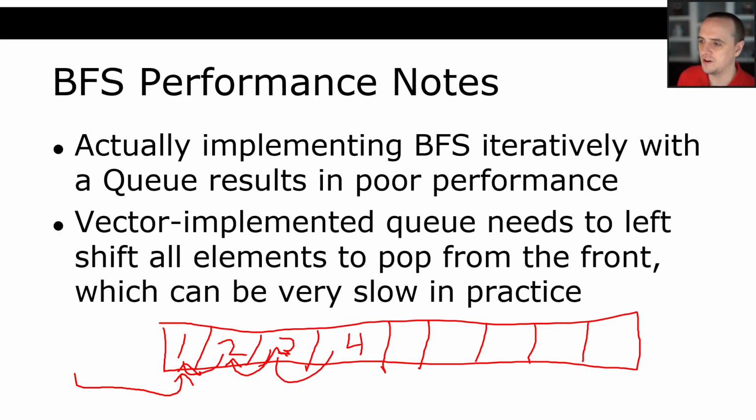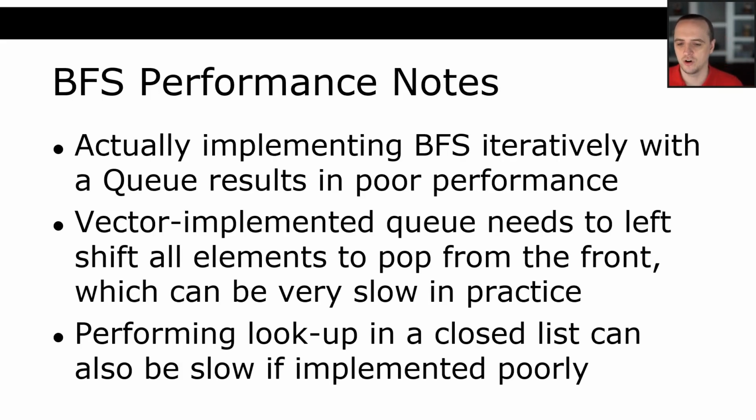So that very simple operation of popping from a queue is actually a linear time operation in practice. Now, you may say, I don't need to use a vector for that, I could use some pointer-based queue. Well, the problem with doing that is that you're no longer cache coherent, and so your bottleneck may then be cache misses instead of this linear time operation. So it's actually quite complicated in practice to optimize this perfectly.